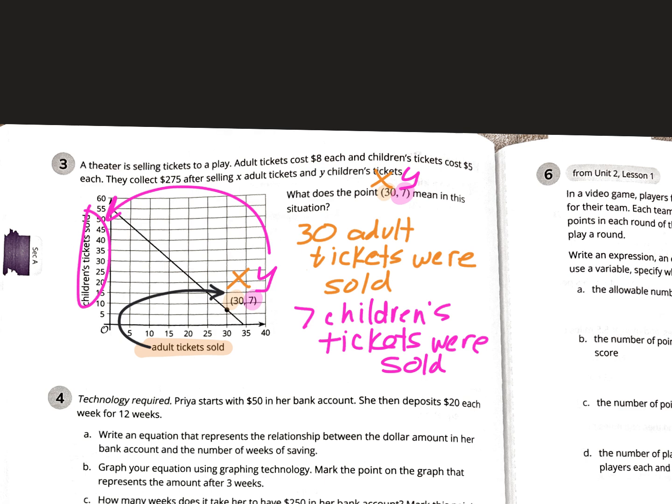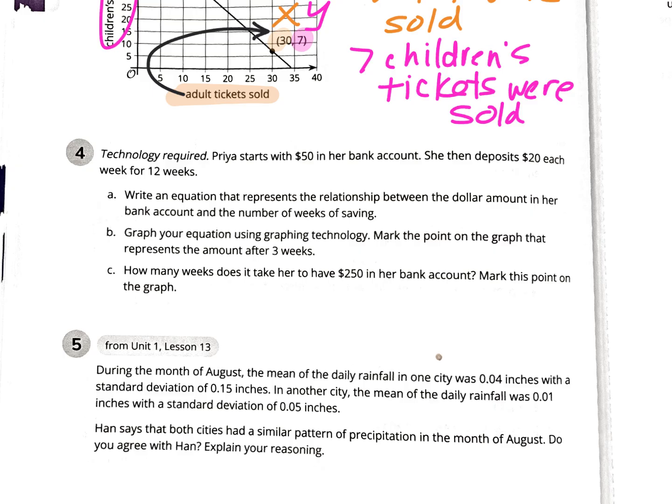Since X represents the number of adult tickets, that means that 30 adult tickets were sold, and then 7 children's tickets were sold. For number 4, we've got Priya with $50 in her account. This says to write an equation, which means I need an equal sign. So I'm going to start off with 50. And then because she deposits, remember deposit means we're going to add.